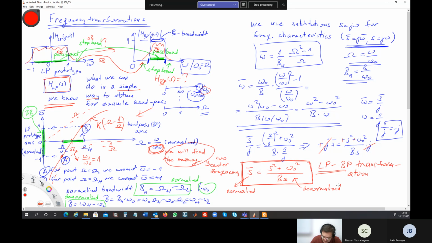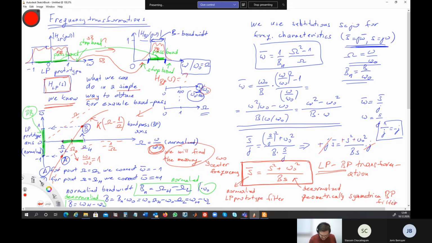And what we get is, from normalized low pass prototype, we obtain geometrically symmetrical bandpass filter.